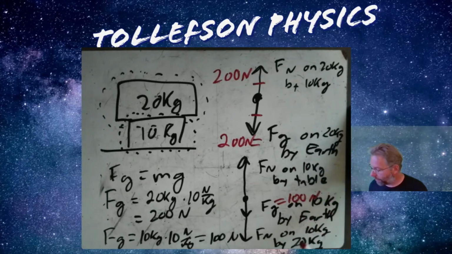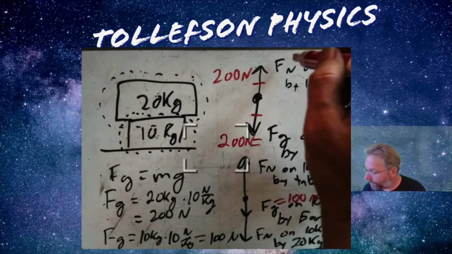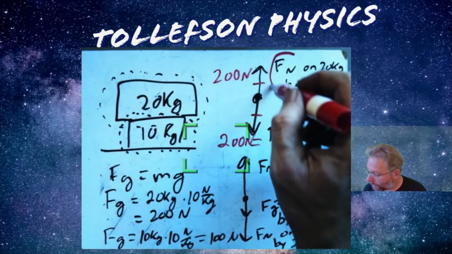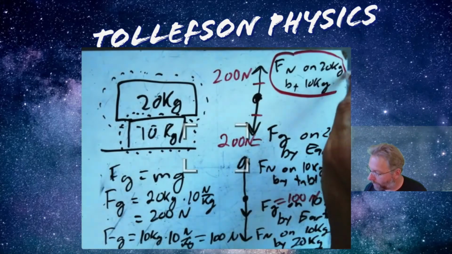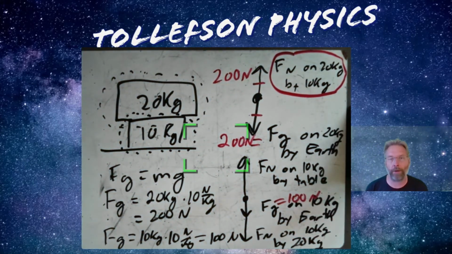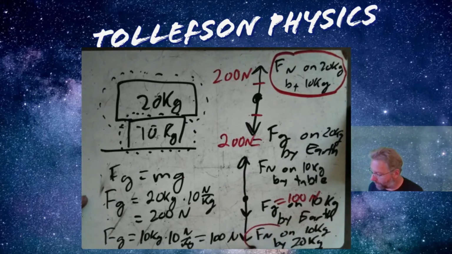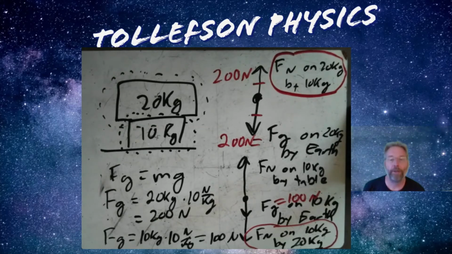Now, what if I look down here? I have this normal force, normal force on the 20 kilogram block by the 10 kilogram block. Well, since they're touching, I better have something that sounds really similar to that, and I'm circling it in red. So I have the normal force down here on the 10 kilogram block by the 20 kilogram block.